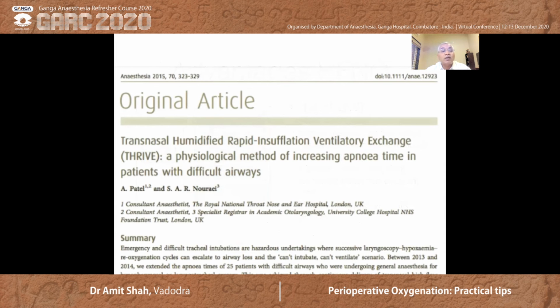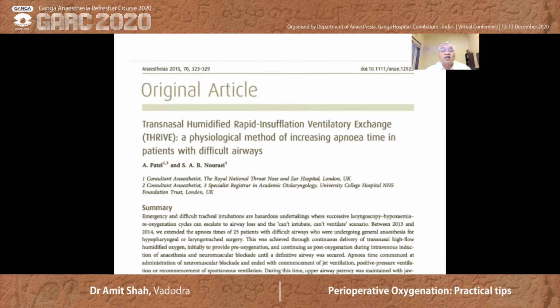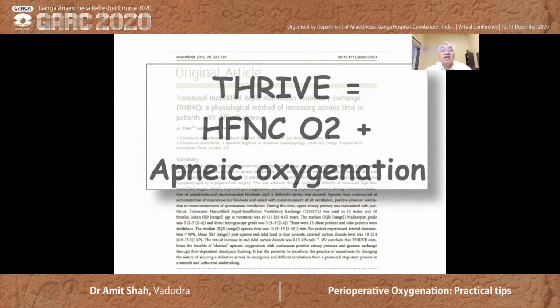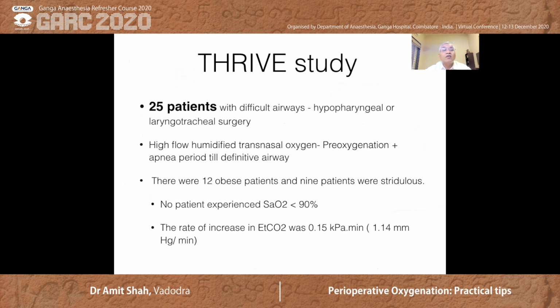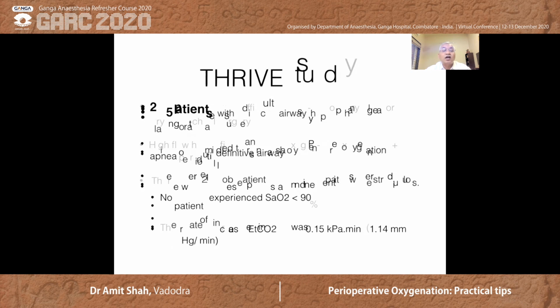This was first described by Dr. Anil Patel in his article, termed THRIVE, Transnasal Humidified Rapid Insufflation Ventilatory Exchange. What is THRIVE? THRIVE is essentially use of high flow nasal oxygen in apneic oxygenation. 25 patients with difficult airway, who were undergoing various laryngeal surgery, were subjected to THRIVE. They did pre-oxygenation with THRIVE, and then during apnea, high flow nasal oxygen at 100% oxygen was continued.